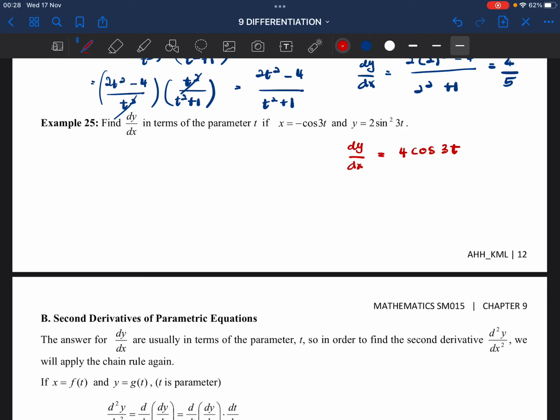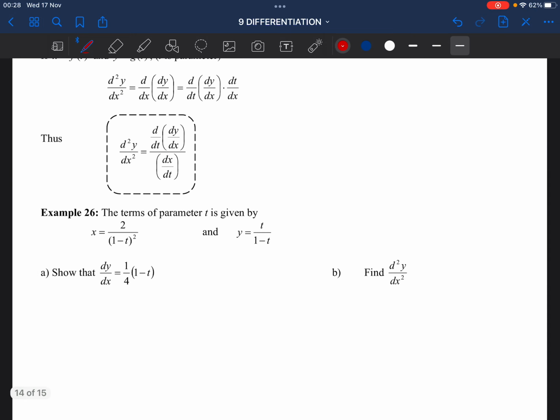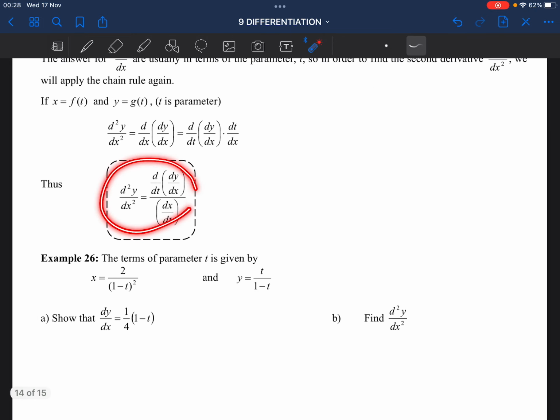So, second derivative of parametric equation. As I said earlier, you have to know this formula here. Okay, so just memorise this formula. As you can see, we have the second derivative d2y over dx square. The numerator is d over dt of dy over dx. What does it mean?